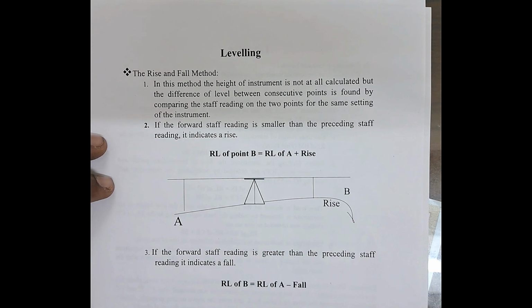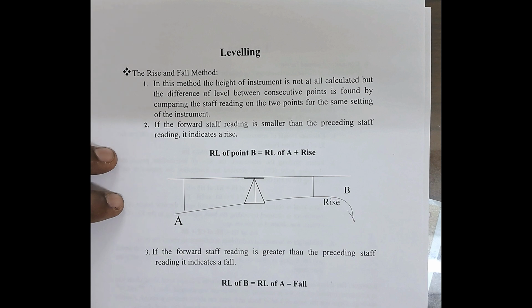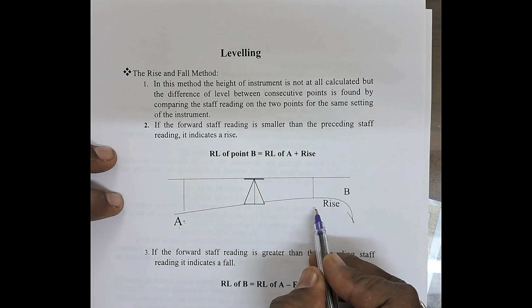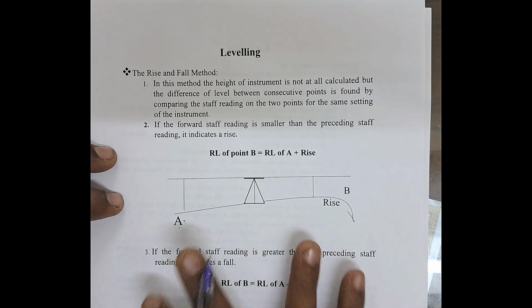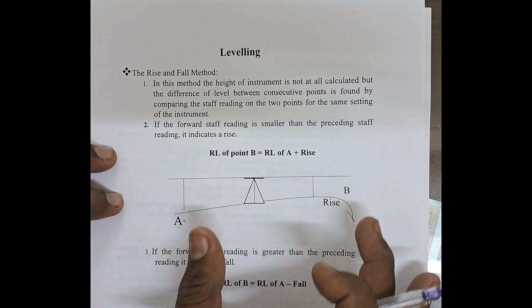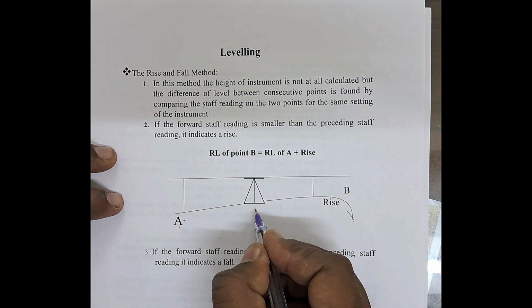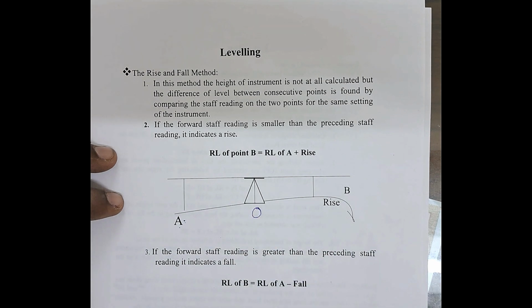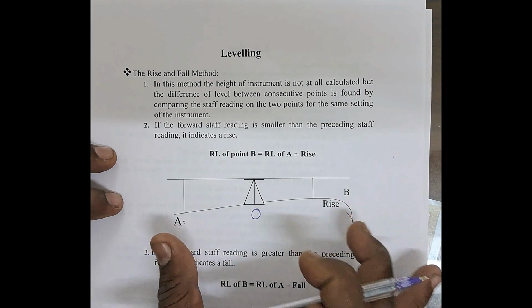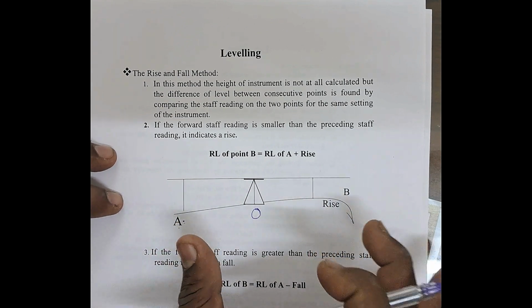Simply, in the rise and fall method we compare two consecutive staff readings. Here you can see that we have the leveling staff at point A and at point B. These are two consecutive points or staff readings observed from the same instrument station O. You just need to find the difference of these two staff readings.